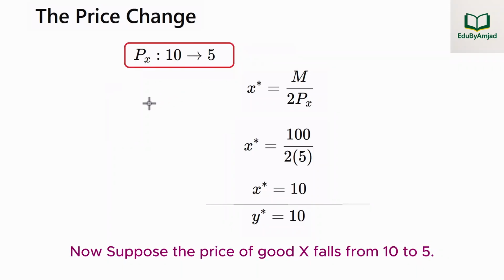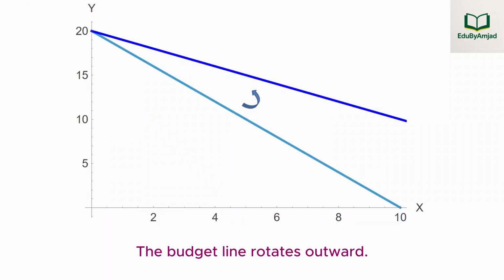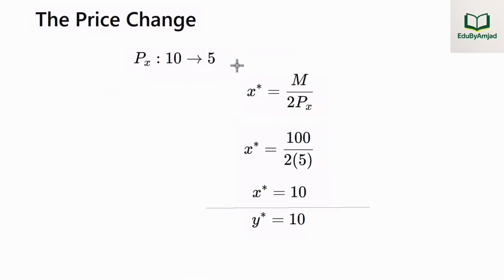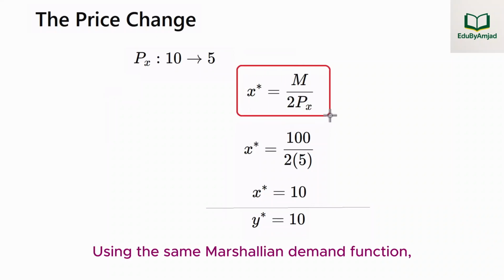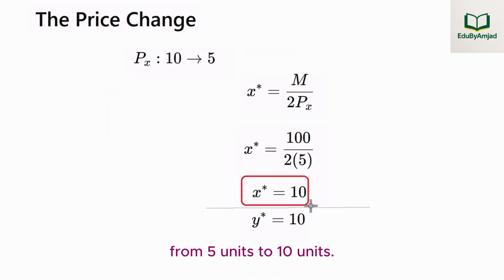Now suppose the price of good X falls from 10 to 5. Income remains unchanged. The budget line rotates outward. The consumer can now afford to purchase more of good X. Using the same Marshallian demand function, we find that the equilibrium quantity of X increases from 5 units to 10 units.